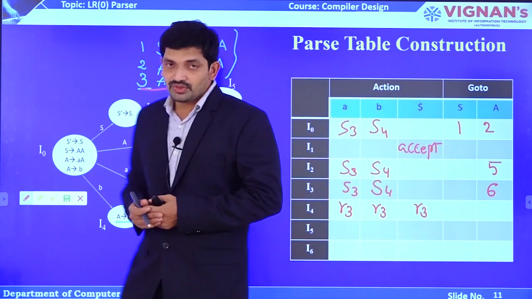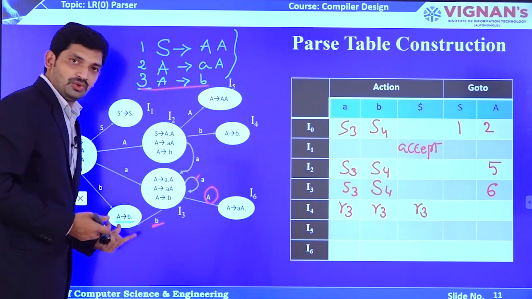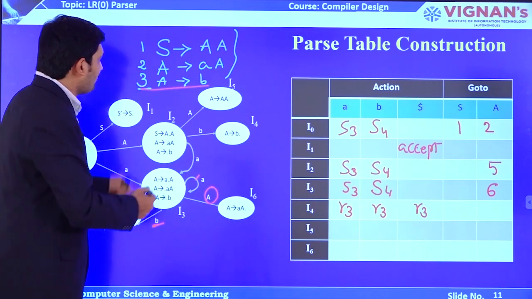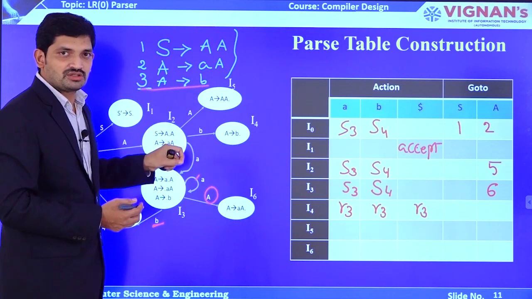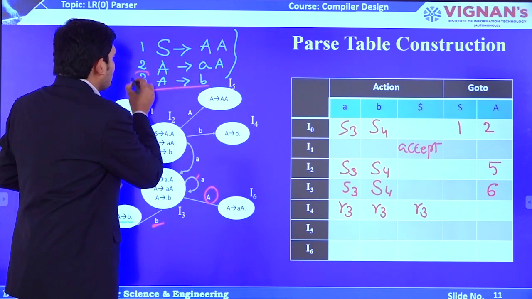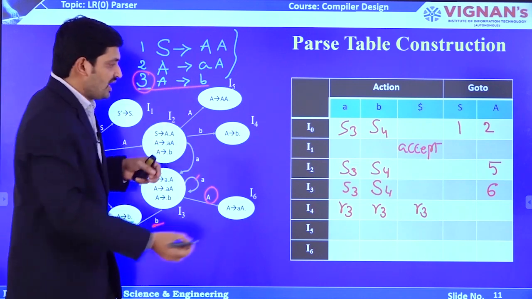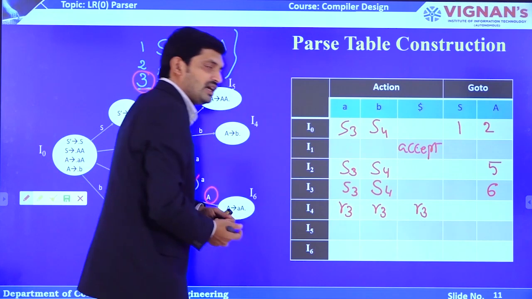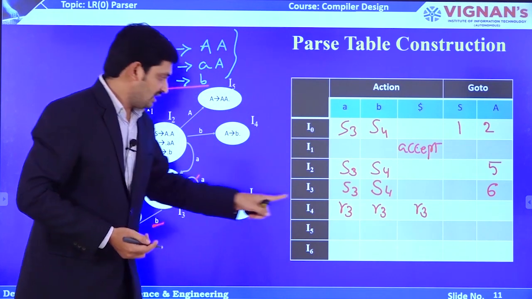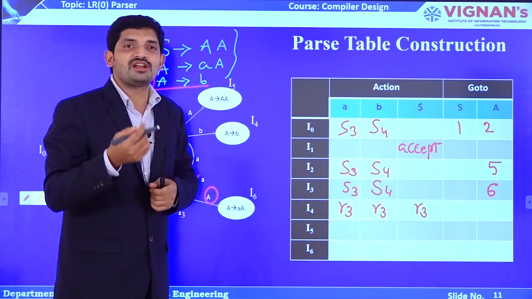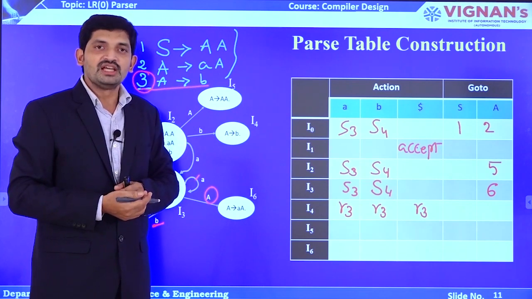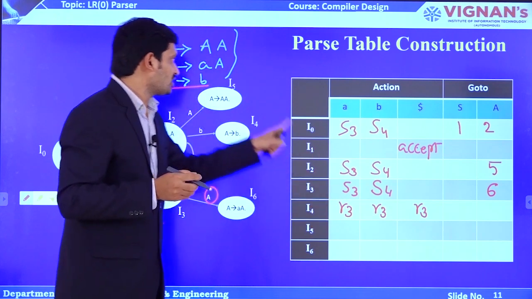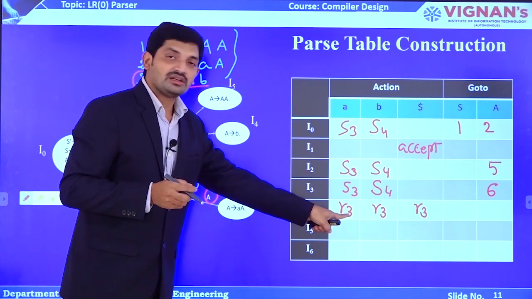So here in I4, A tends to b is a final item. I went to the grammar productions, where A tends to b is the third production. So in the entire row, in the action part, I have to write R3, R3 and R3, which means reduction operation 3. That means I have to perform the reduction operation depending upon production number 3 of the grammar.